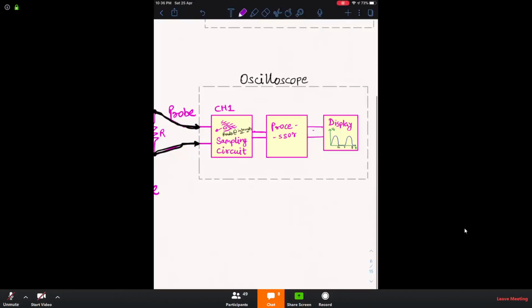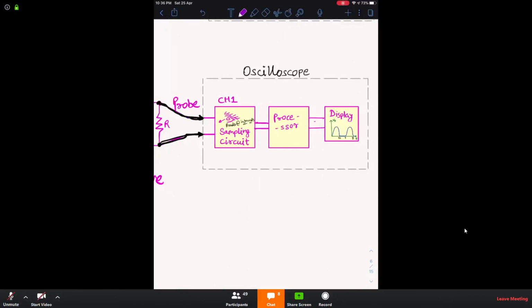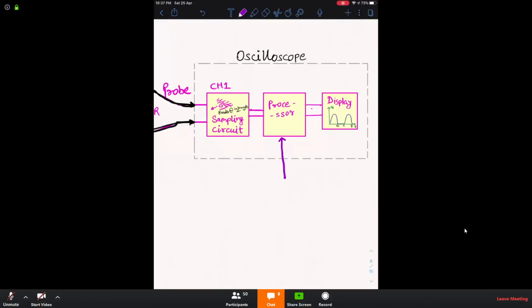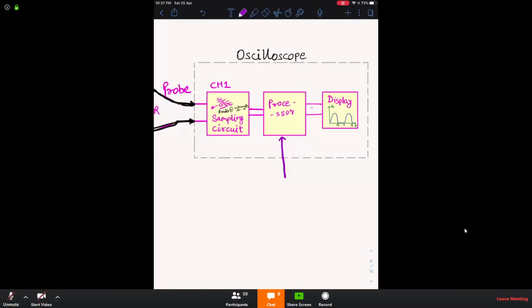As I have told you, the most expensive part of any oscilloscope is the processor. Now if we can find an alternative for this processor, meaning if we can use a processor that we already have, instead of getting a dedicated processor, then we can reduce the cost. Now what is the best option for that? See, we all use a laptop and desktop. Our laptop does have a processor.